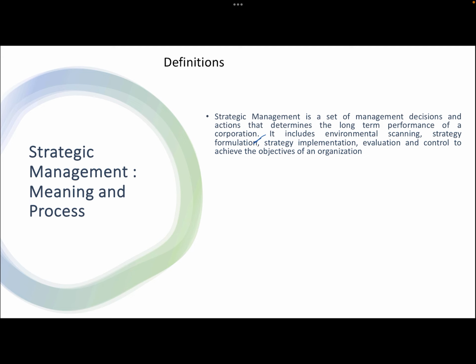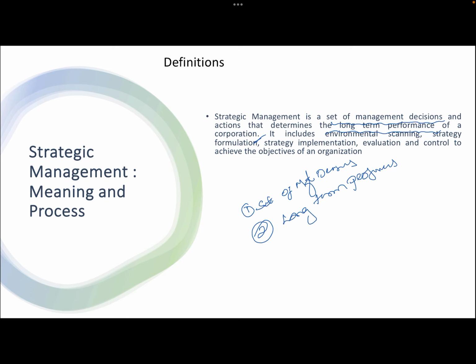Two important parts of it: one, it is a set of management decisions, and the second, it deals with the long-term performance of a company. Hope you guys are very clear with this.